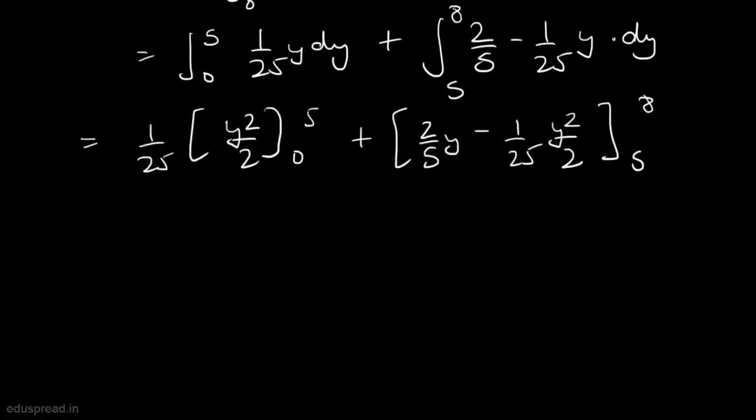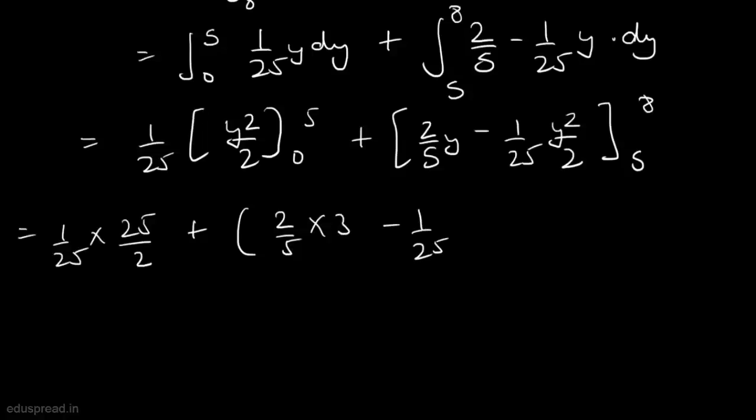Solving this, we get 1 divided by 25 multiplied by 25 divided by 2, plus 2 by 5 multiplied by 3, minus 1 by 25 multiplied by 64 by 2 minus 25 divided by 2.